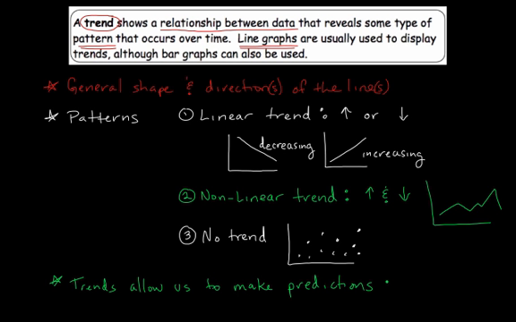The last thing that we want to talk about really quickly before we wrap up talking about trends and overall patterns when we're looking at graphs is that oftentimes on a test or a quiz, we're going to ask you some very specific questions about increases or decreases on certain parts of a graph.